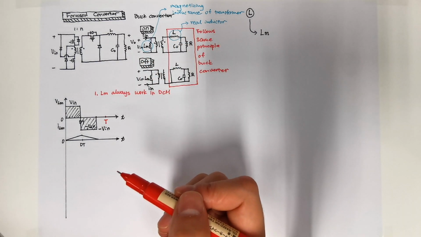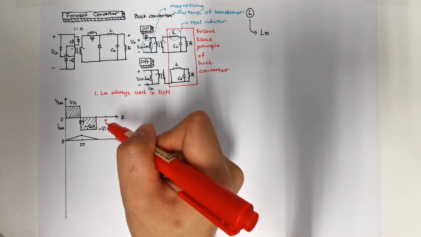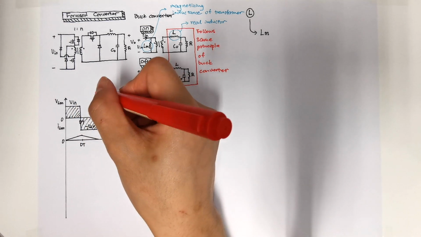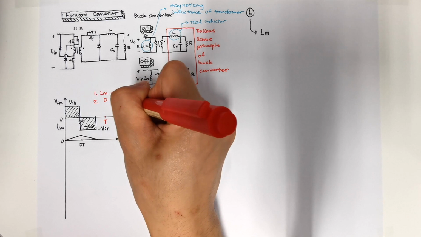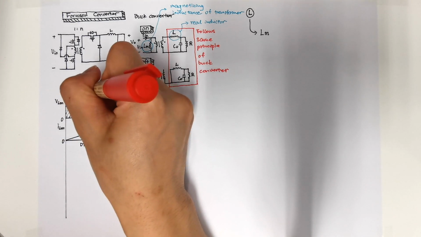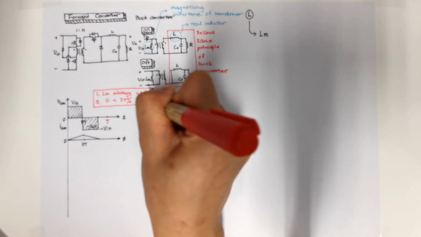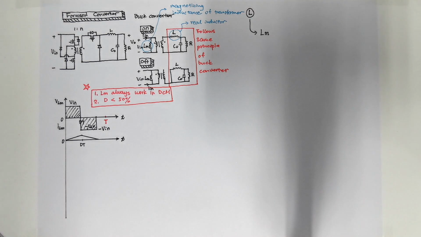This ensures the energy stored in Lm always goes to zero by the end of each cycle. And the second thing is the duty cannot be larger than 50%. So these are two very important things in the forward converter, and you should always remember them.